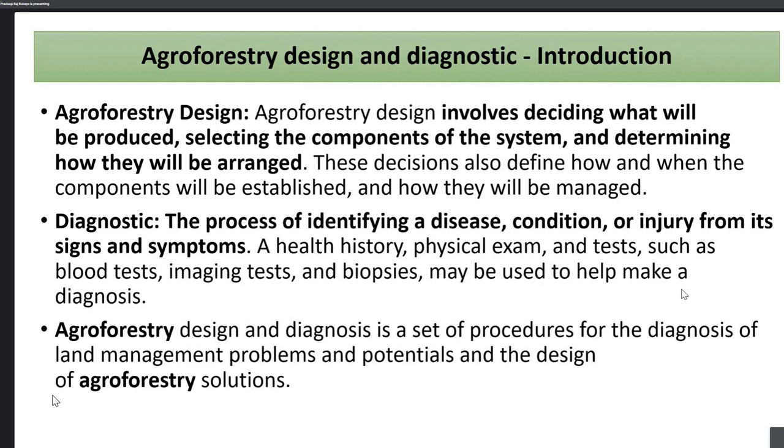Agroforestry design involves deciding what will be produced, selecting the components of the system, and determining how they will be arranged. So agroforestry design means what agroforestry product will be produced, what the main components of that agroforestry system are, and what the arrangement of the agroforestry components is.